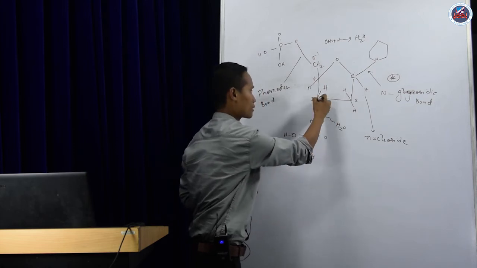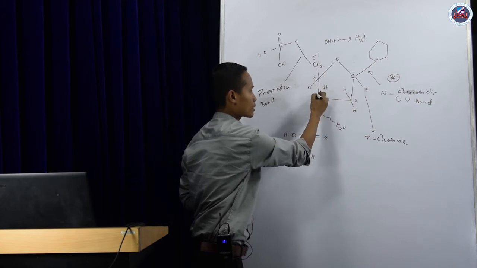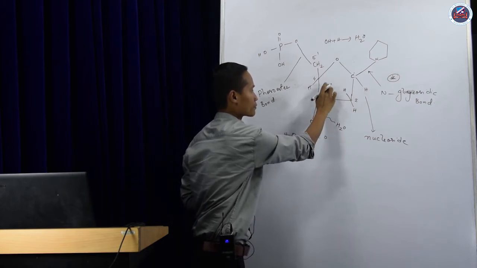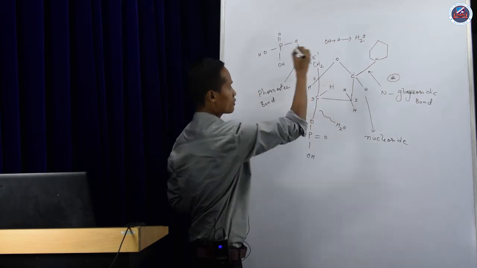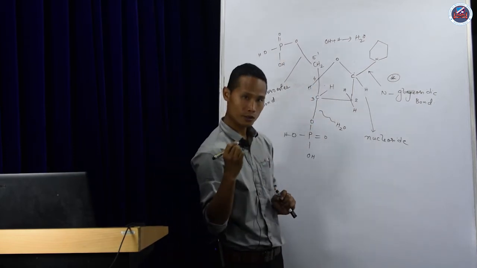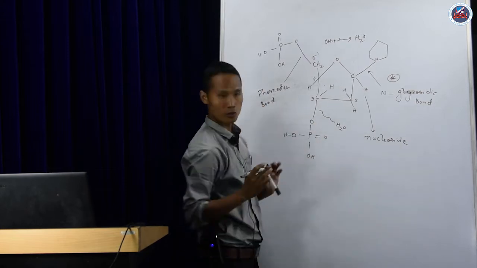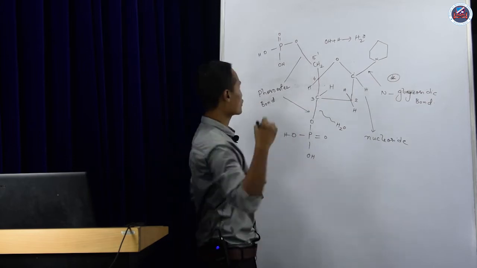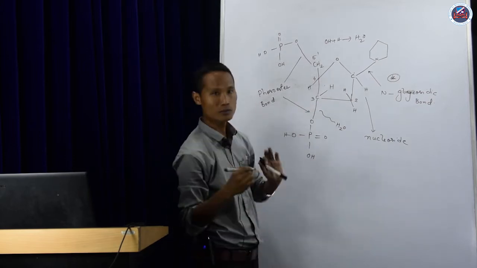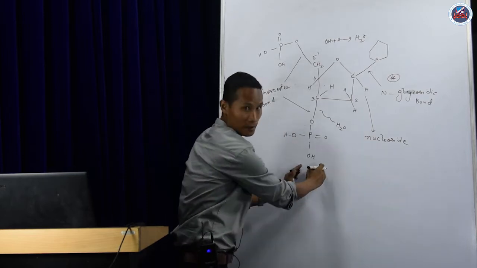This is carbon number 3. Carbon number 3 of the pentose sugar and the phosphate group form another bond, which is also considered a phosphoester bond.